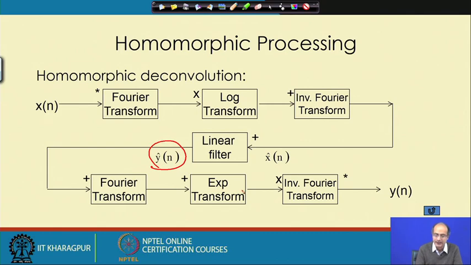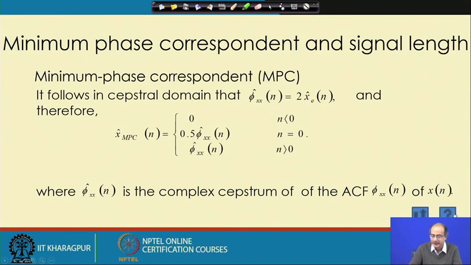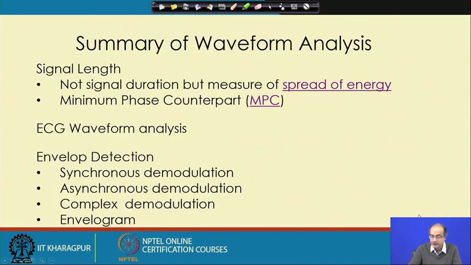So with that we have computed the minimum phase correspondent, and at the end of it we get the corresponding time domain signal, which is of importance. What is so important here is that when we take the minimum phase counterpart, we make sure that the starting point becomes the same for all the signals.